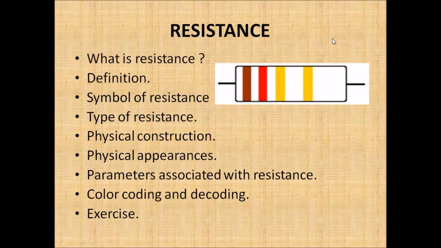All these topics we will cover in the first part of this presentation, and in the second part of the presentation we will understand the color coding and how to define the rating of any particular resistance using this color coding. So it will be framed as color coding and decoding, and we will do some basic examples to understand this concept. Okay, so let's start with this presentation.